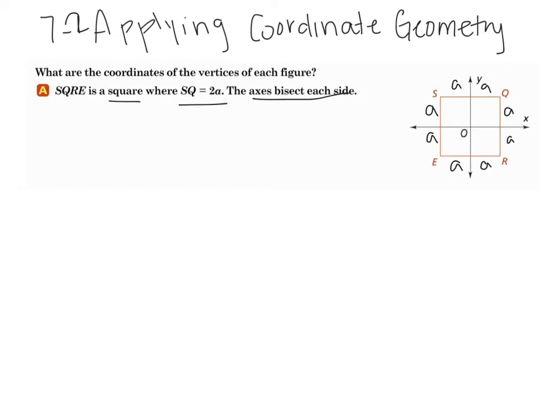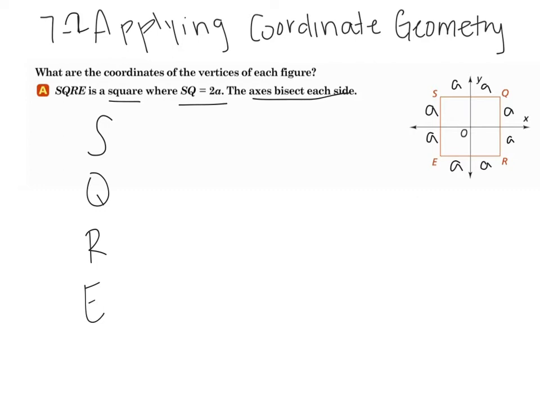Now, when we're writing the coordinate of each, we need to keep in mind the location of the point in the graph. So for example, Q is in the positive, so x's are positive, y's are positive, whereas the E, x's are negative and y's are negative.